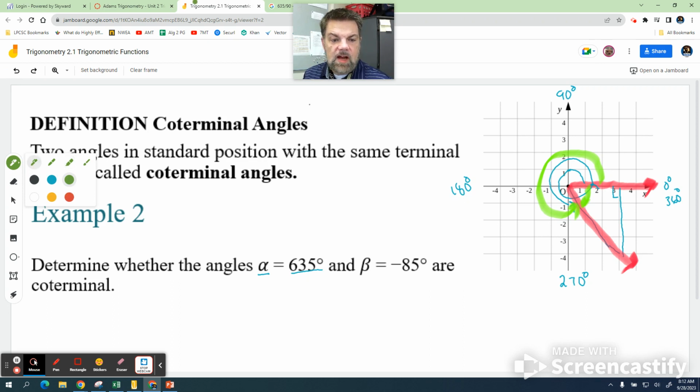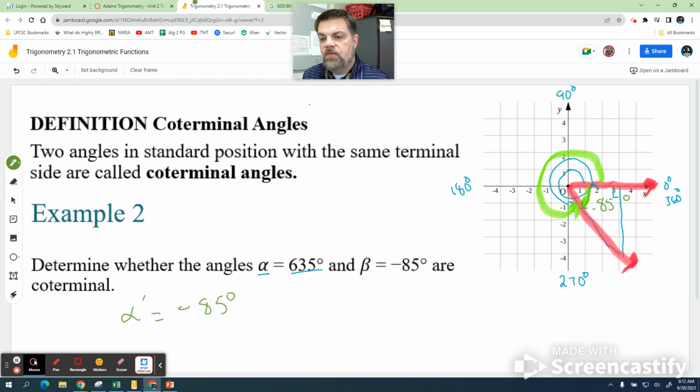So I'm going to do prime notation. So I would say alpha prime could be, now if I go this way, isn't that negative? If I go this way, isn't that negative 85? So that could be negative 85 degrees, okay?